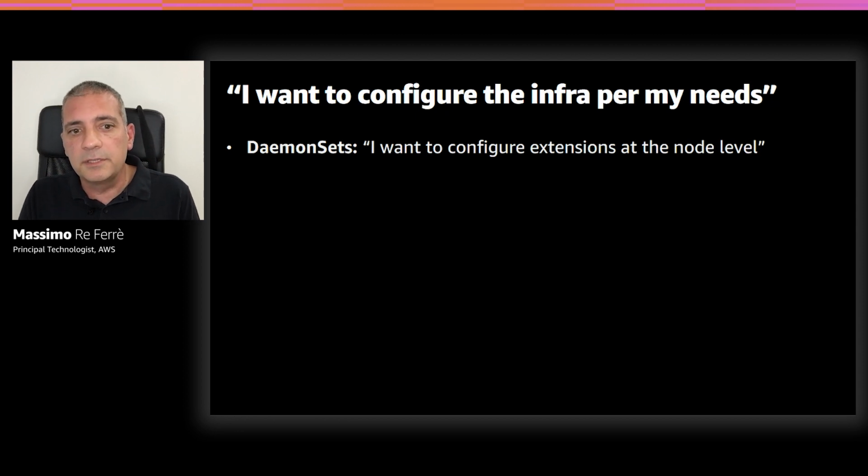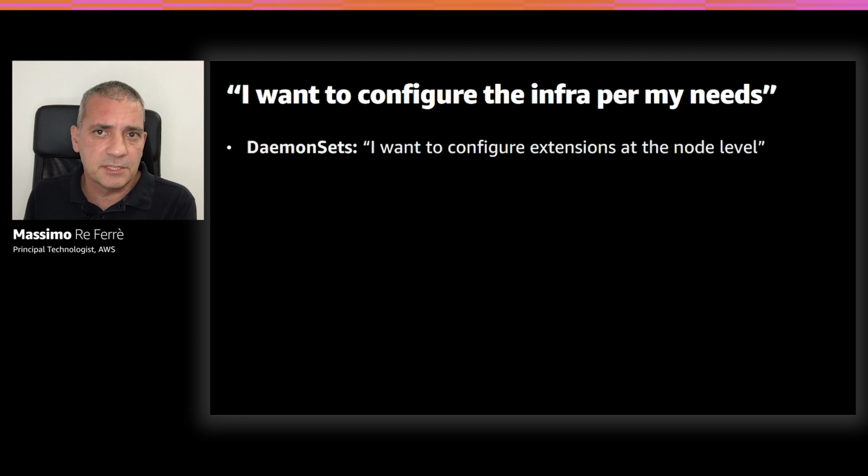So the way that these daemon sets work is that for all containers running on a particular EC2 host, they grab the logs and they send the logs to an external entity. This external entity could be CloudWatch, it could be Elasticsearch, it could be anything. But these infrastructure extension containers run on each EC2 host.